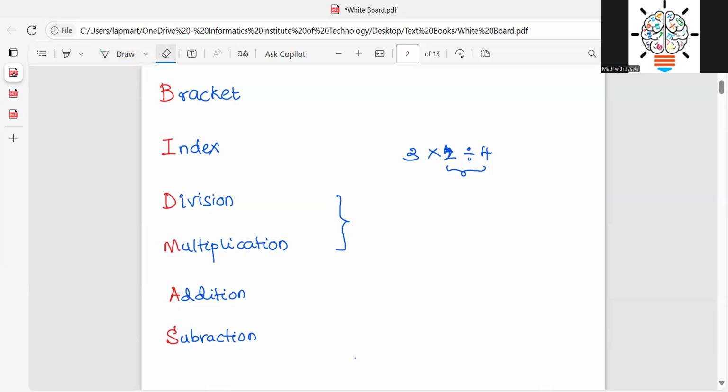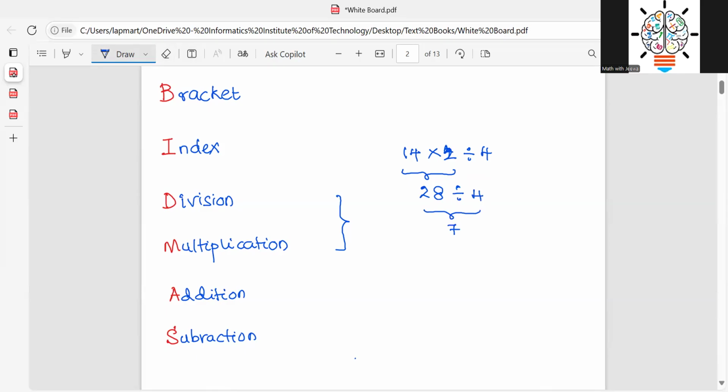Therefore, what do I do? I multiply this by, let's say, 14 here for easy reference, right? 14 times 2 is 28. That 28 I divide by 4. It gives me 7.